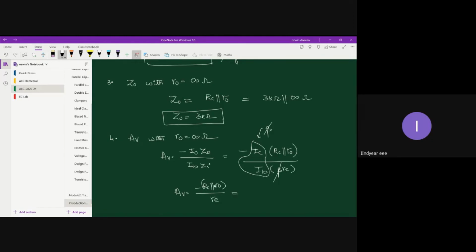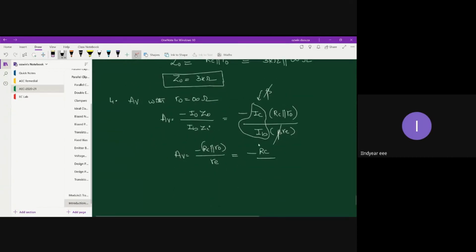We have already seen that when you have an infinite ohm resistor connected across RC, your output resistance becomes RC itself. So basically the voltage gain in this particular case is going to be the ratio of the collector resistor to the AC effective resistance RE. So that's minus 3 kilo ohm divided by 10.71 ohms.